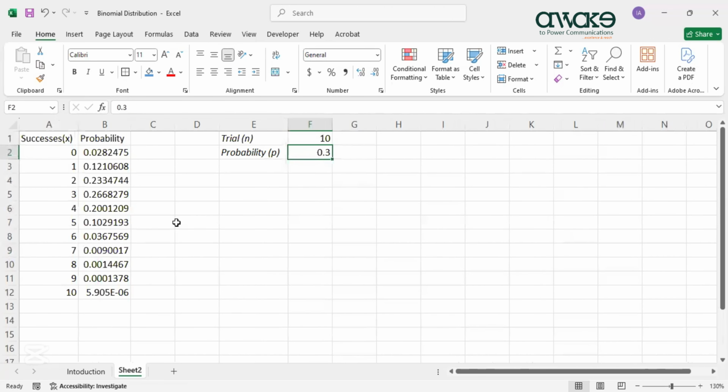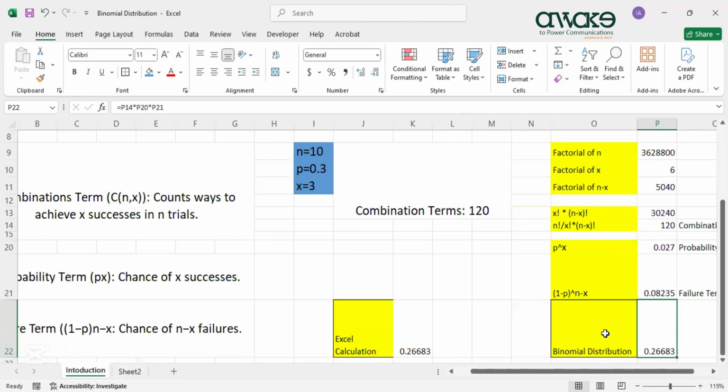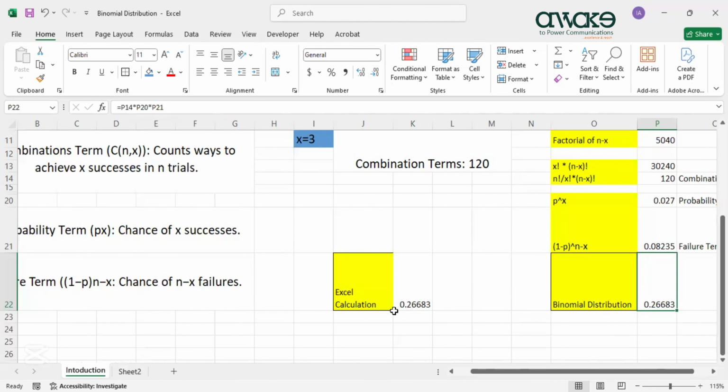There is something I want to show us. Take a look at this x equals 3 successes. Then go back to what we calculated and see. Is there a similarity? What we calculated earlier was 0.26683.